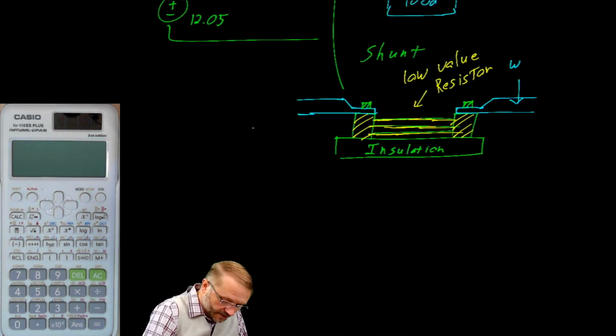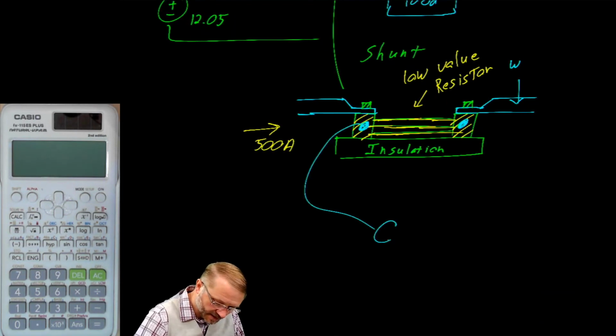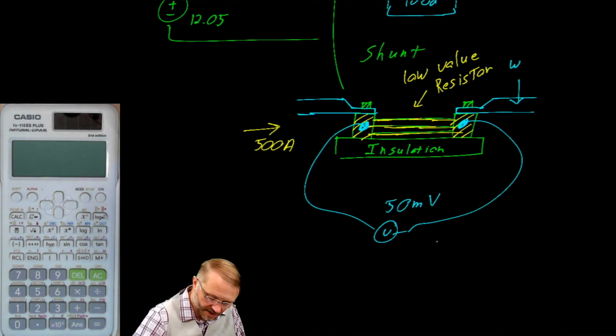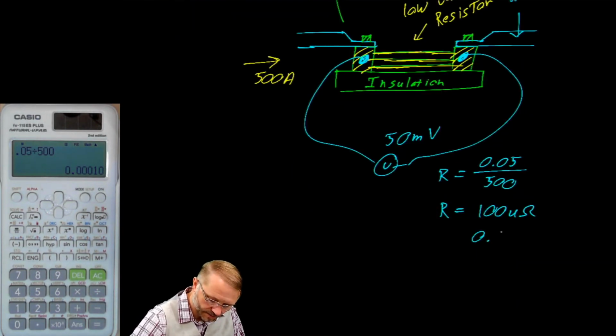such that when you have 500 amps of current flowing, there will be a voltage, terminal to terminal, of approximately 50 millivolts. Using Ohm's law, we would say the resistance is equal to 0.05 over 500, which gives you 100 micro ohms, or 0.1 milliohms.